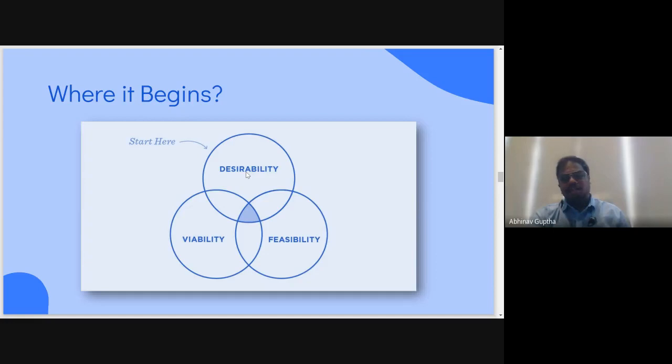The ikigai of design thinking is this, right? So you have to find that sweet spot and then start your process. So we'll go from one part to another part. In this presentation, we'll not speak about viability and feasibility because that takes a 20-hour course. But let us start understanding desirability as an aspect of it.